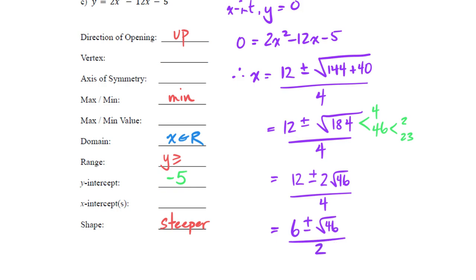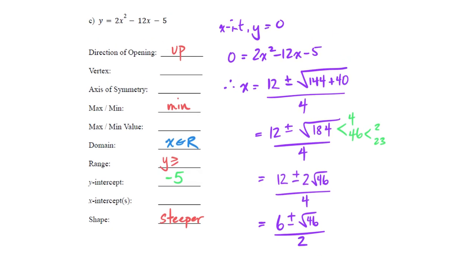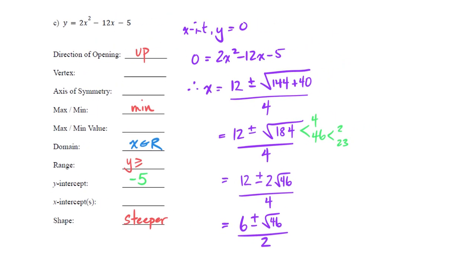Okay, dealing with it in that order, if you recall, quadratic formula also tells me my negative b over 2a. It tells me the x value of my vertex.